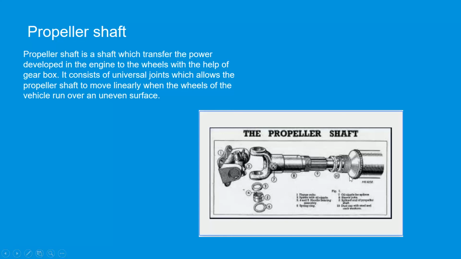A drive shaft or a propeller shaft is a mechanical component for transmitting torque and rotation, usually used to connect other components of the drivetrain that cannot be connected directly because of distance or the need to allow for relative movement between them.